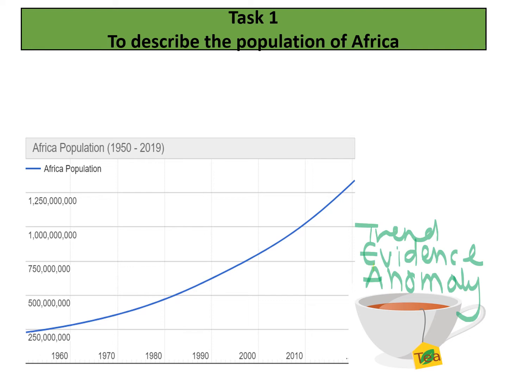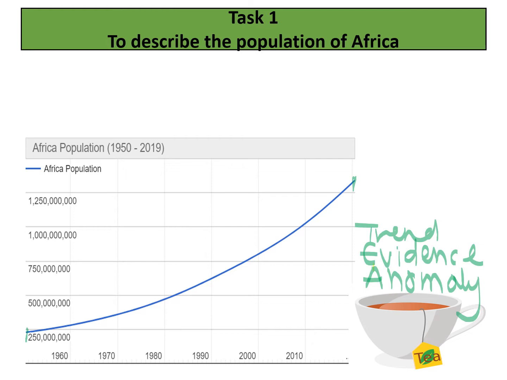Okay. So what is the overall trend? Well, we're looking at the pattern. So we're looking at this line to see how it's changed between 1950 and 2019. And it's very clear that there has been a sharp increase in Africa's population.